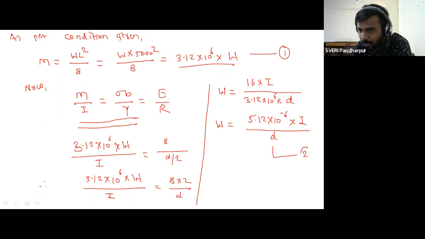Give this equation number 2, the equation in the form of I and D. That is the W value; we have found out W.